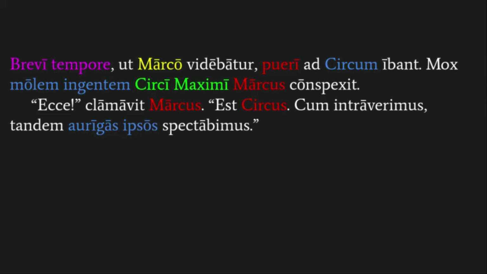Finally, tandem, we will see, spectabimus, we will see or we will watch the aurigas themselves, the charioteers themselves. So again, there's two actions that haven't happened yet. Entering into the circus and watching the charioteers. The future perfect tense lets you say that first you have to enter and then you're going to be able to watch. Both of these are in the future, so neither one has happened yet.